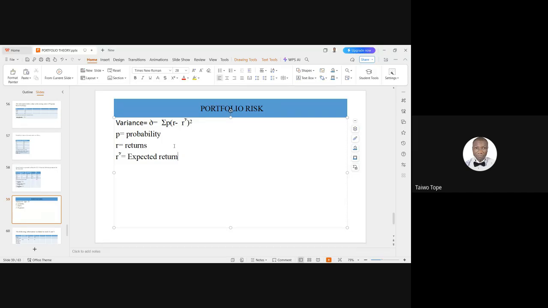Now, what is standard deviation? The square root of your variance is your standard deviation.